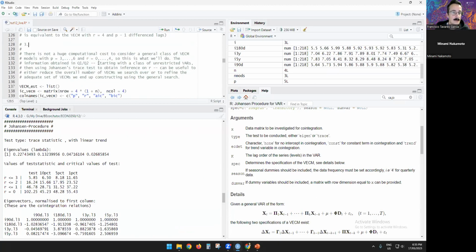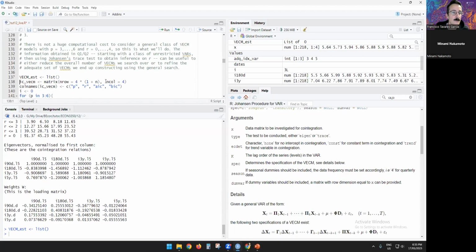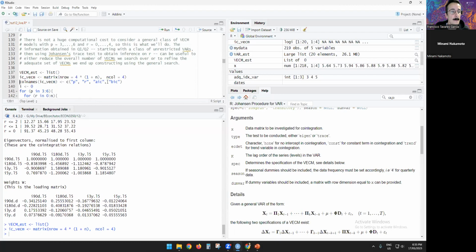Okay, question 3. We are going to consider a few different things. So first, let's create a new list. So VECM estimate creates a list, information criteria. Now we have 4 columns. Why is that so?